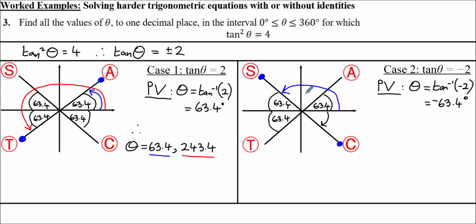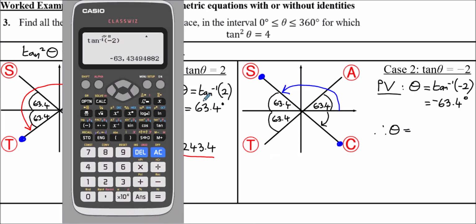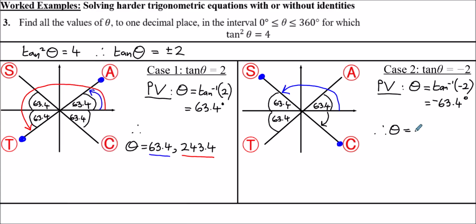This angle here is going to be 180 minus 63.4. So if we just try that, 180 minus 63.4, we get 116.6, so that's one possibility for theta. Or we could go further around into this C quadrant.